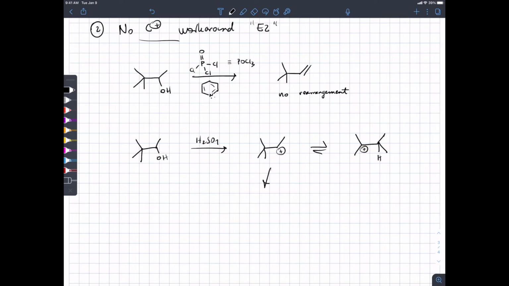And then I would get E1 products from both of those, instead of just the one desired product without any rearrangement. So, alternatives, right? With each of these reactions, predict the products, provide the reagent, guess the starting material, and given only products, see if you can think backwards. All right, anything you want to ask about that?